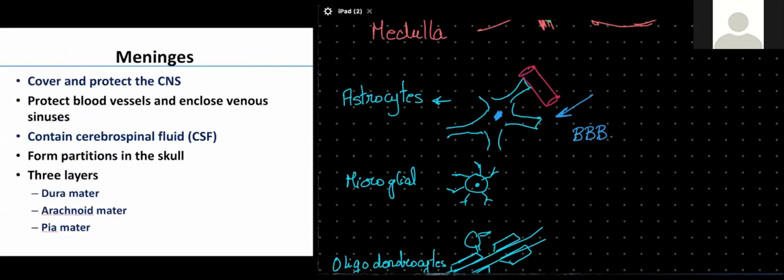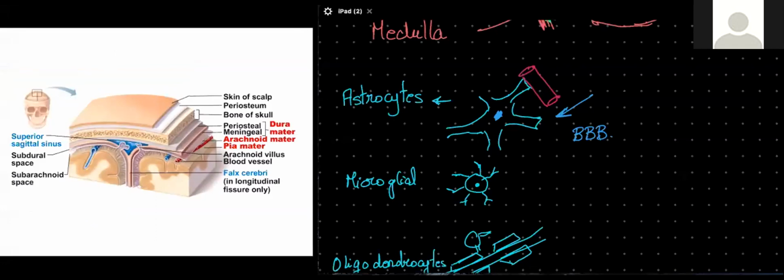Moving on to the meninges on here, they contain the cerebrospinal fluid. We have 3 layers from outside in. We've got the dura mater, arachnoid mater, and the pia mater. Looking on here, this is going to be the skin of the scalp. Then we've got the bone, cranial bone.